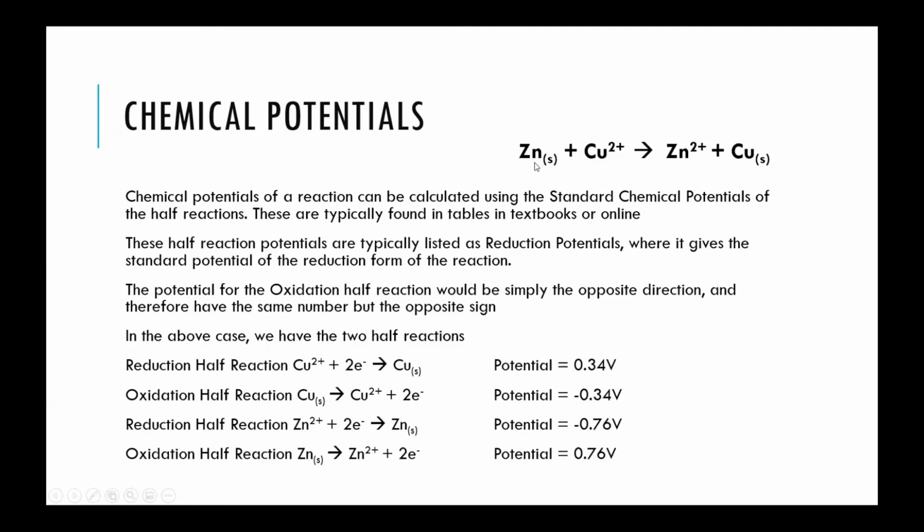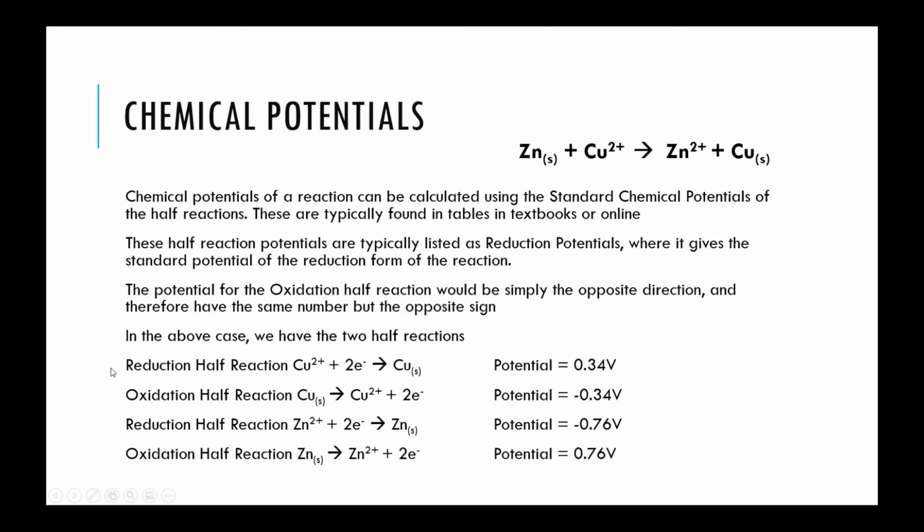But the zinc is going to zinc ion. It's being oxidized. So instead of the zinc gaining electrons, it's losing electrons. And all that does is it reverses the direction of the voltage.